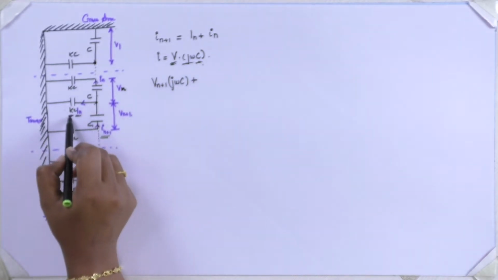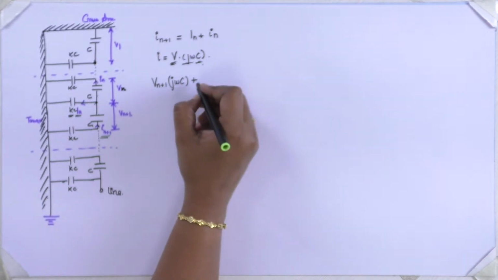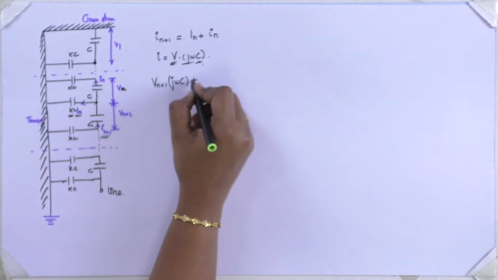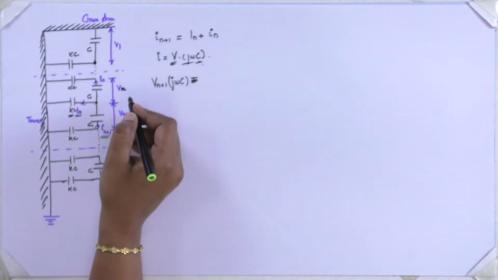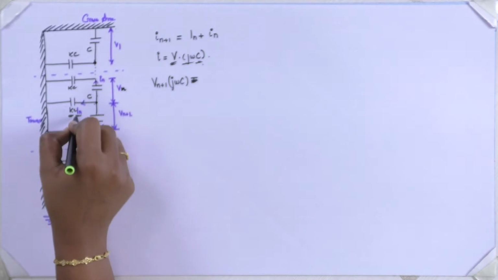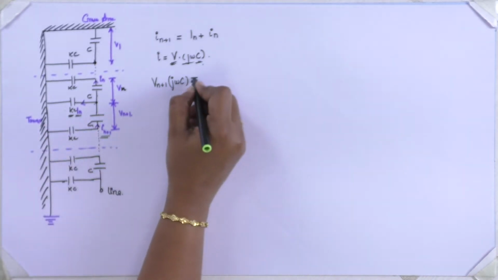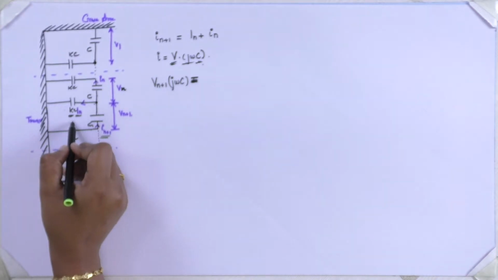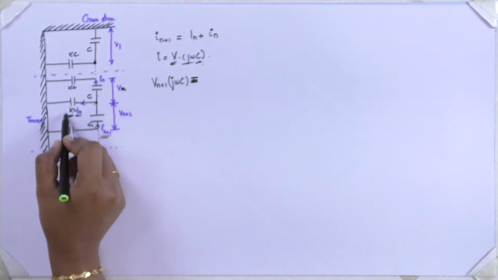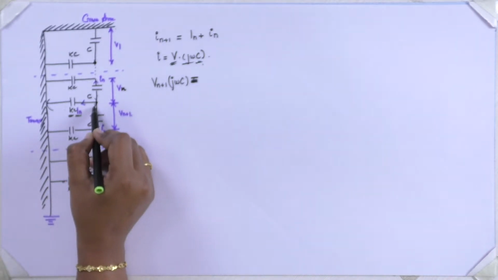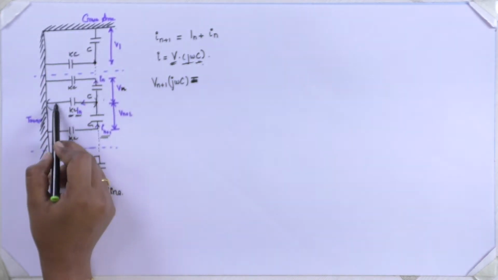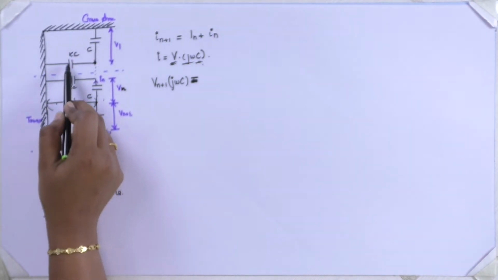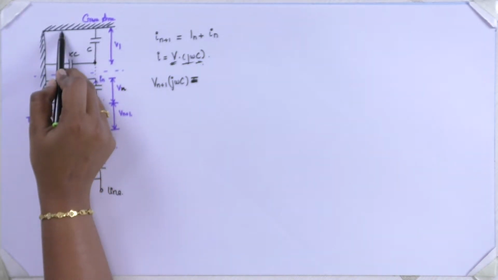Capital In: the capacitance is KC and the voltage is V, which is equal to here capital In, the capacitance is KC. In order to determine the voltage here, I have to sum all the voltages above this point. Above this point I have voltage Vn, Vn minus 1, that goes up to V1.